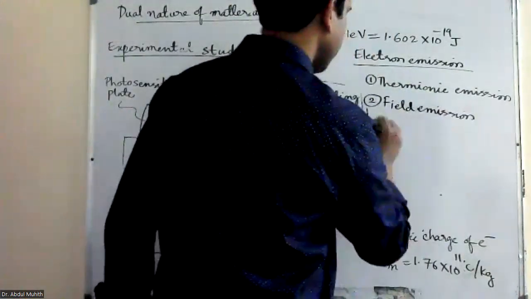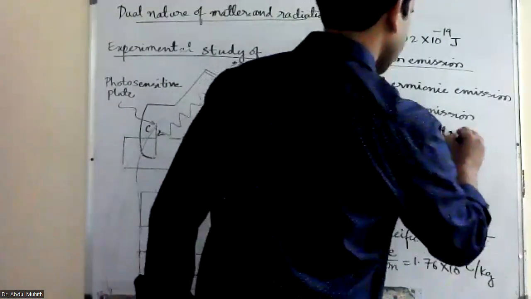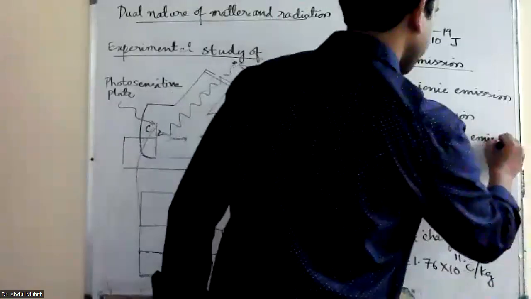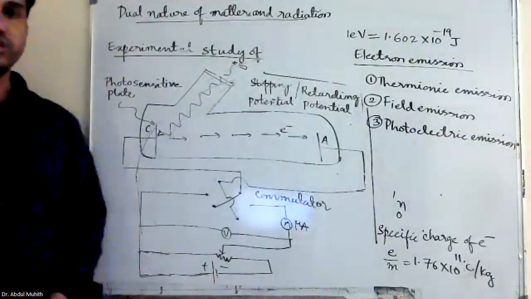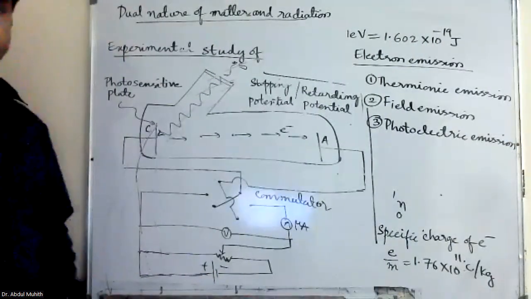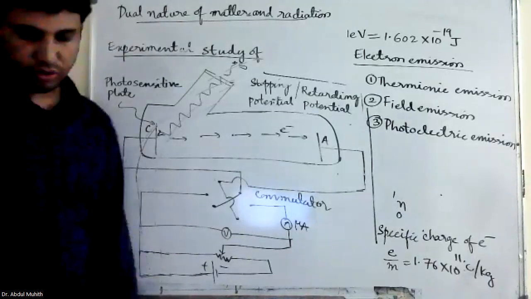The second one is field emission. The third one is photoelectric emission. These are the 3 different situations, so we'll discuss them one after the other.